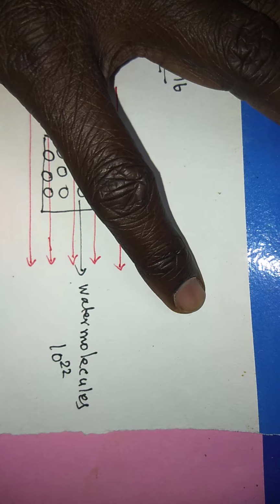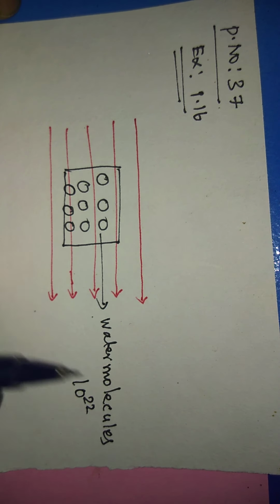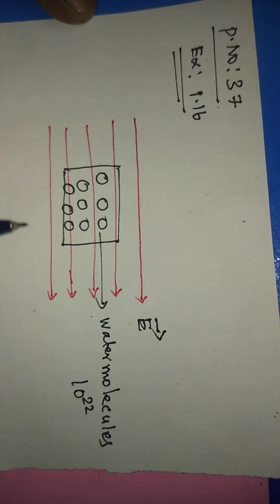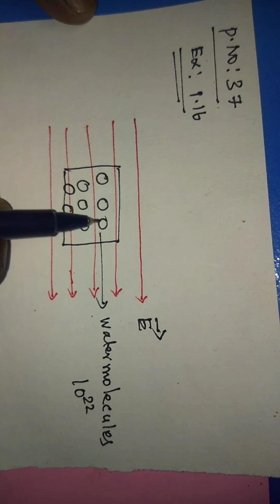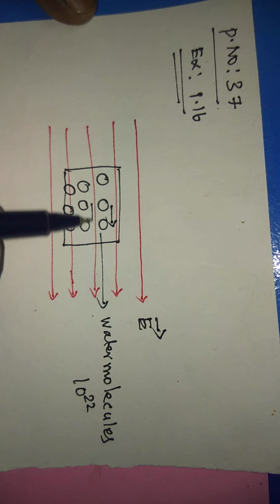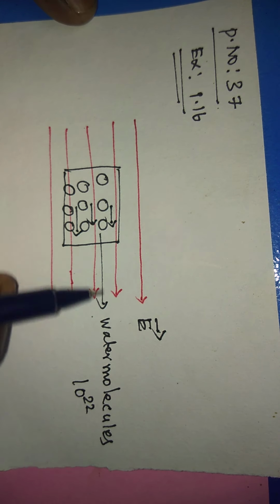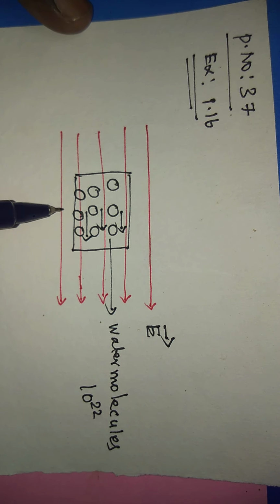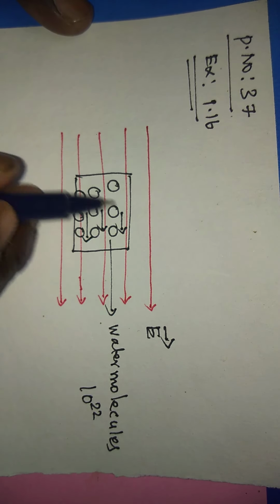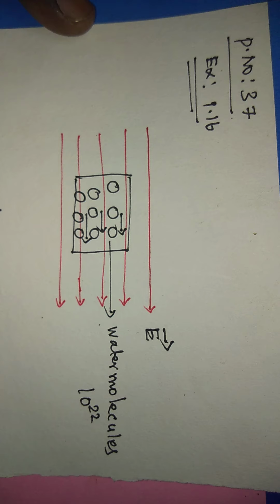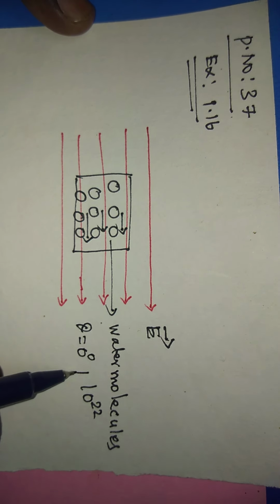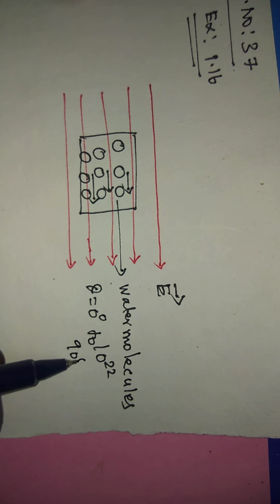10^22 water molecules placed in a uniform electric field E, with the dipole moments parallel to the electric field E. We rotate all the water molecules from theta equal to 0 degree to 90 degree.